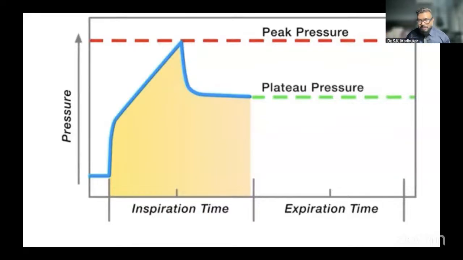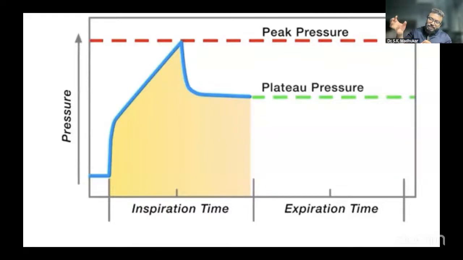Let's understand why this plateau pressure is. Plateau pressure is the pressure to overcome the stiffness. Now, if the lung has developed an intrinsic PEEP or auto PEEP, I discussed the PEEP in our last lecture when I was talking about NIV. You all understand now what the auto or intrinsic PEEP is.